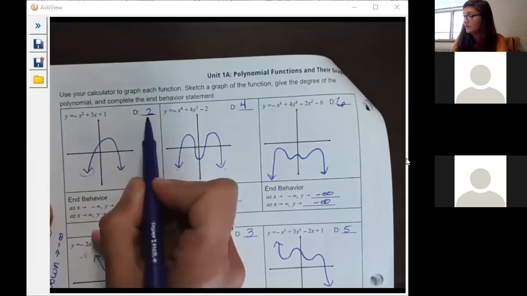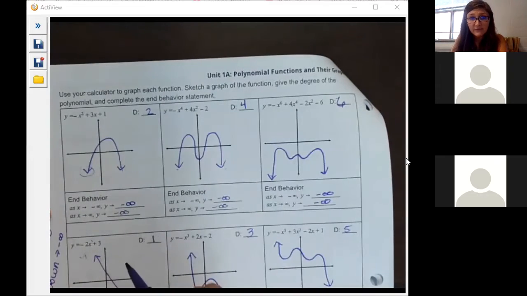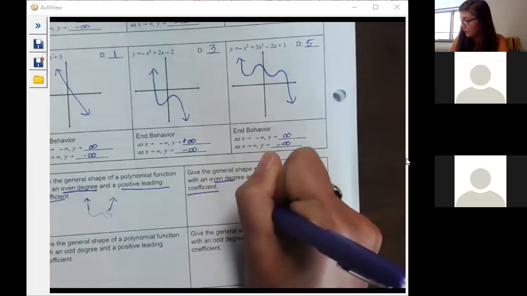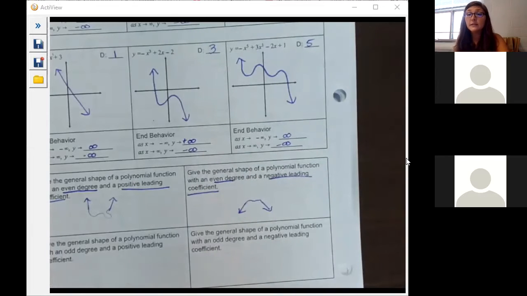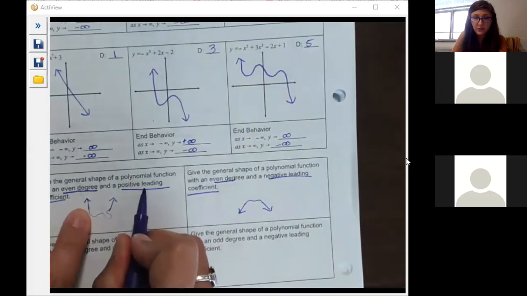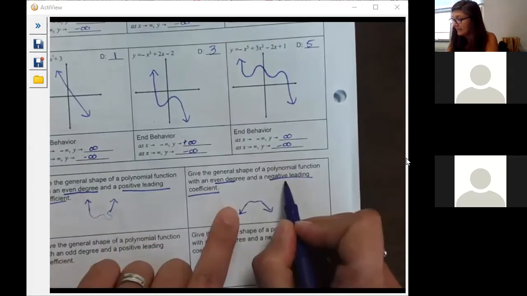So where I have an even degree, but a negative leading coefficient, now both of our ends are going to go down, okay? When I have even degree, the ends go the same way. And if they have a positive leading coefficient for my function, the ends go up. If it's negative, they go down.